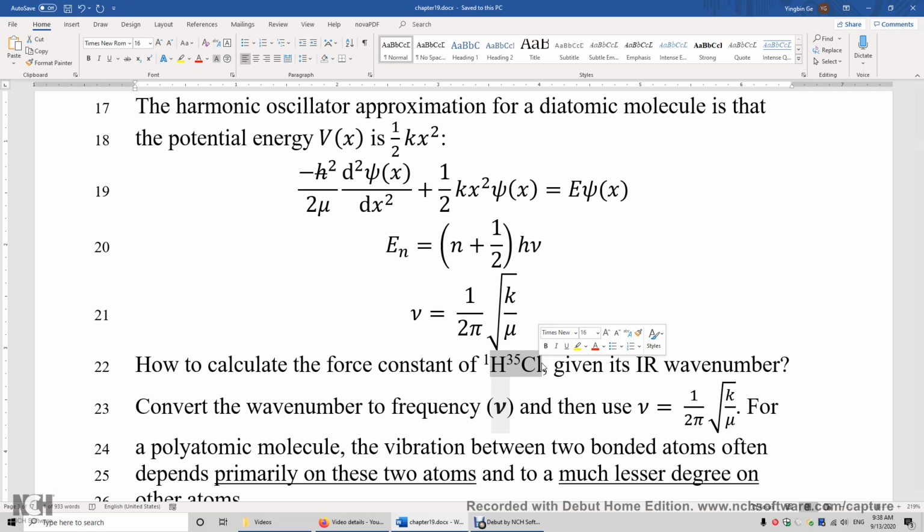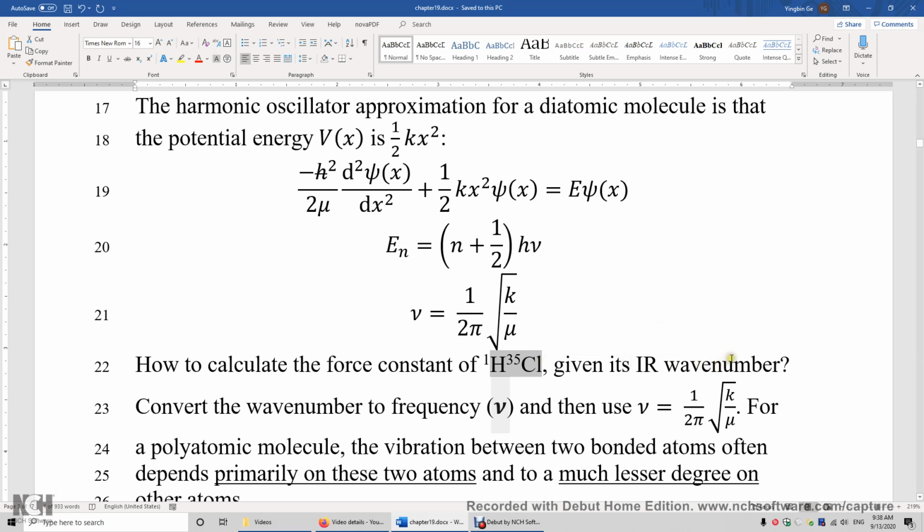That means we can put 2900 such waves within 1 centimeter, or 290,000 waves within 1 meter. So this wave number can also be written as 290,000 per meter, or 290,000 reciprocal meter.